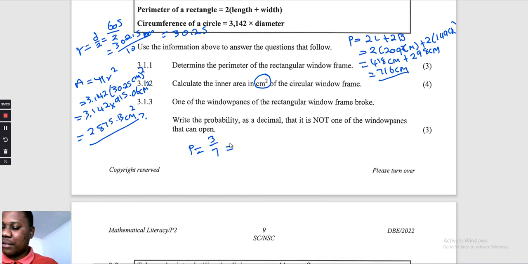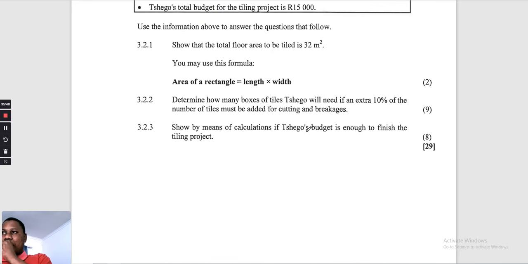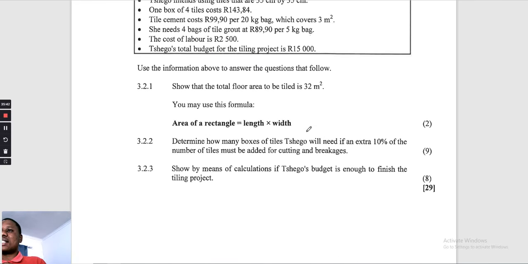So 3 over 7 gives us 0.43 if we round it off. Then that will be our answer for 3.1.3. Then we proceed to the next question.